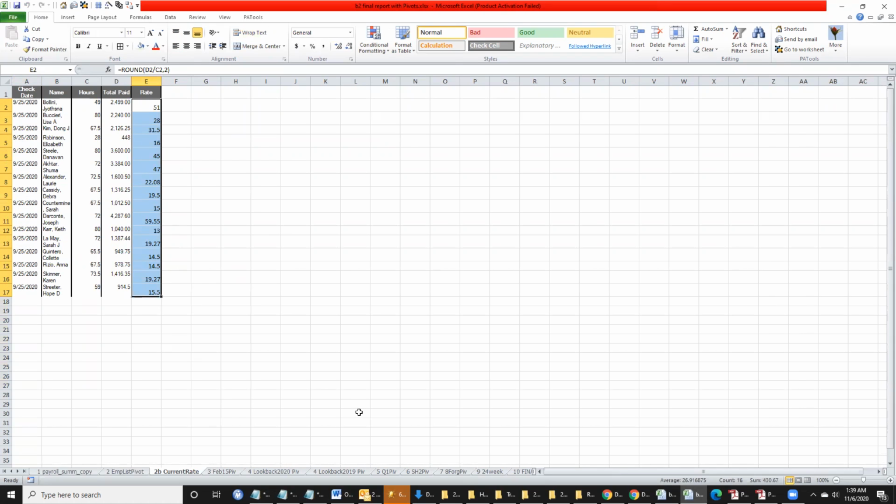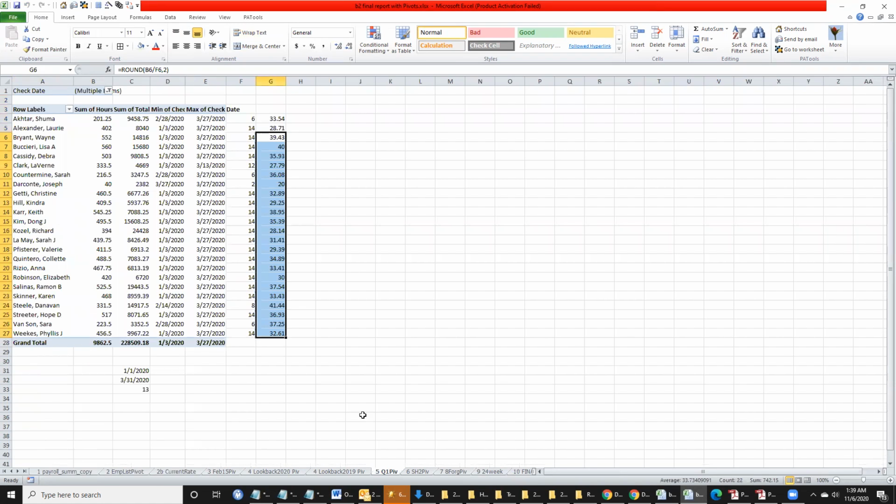We have a pivot table, many different ones. This is like quarter one. Quarter one is basically 1/1/20 to March 31, 2020.